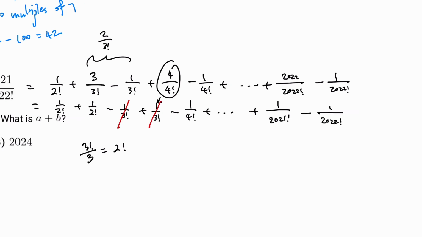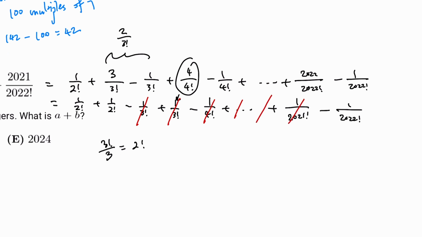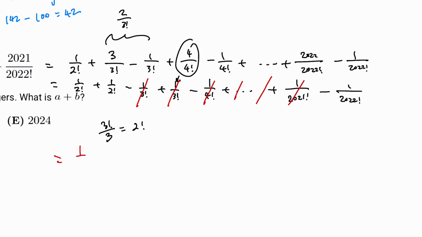This cancels out with that, this cancels out with that, and this cancels out with the term before it. So now we just have 1 over 2 factorial, just 1 over 2, plus 1 over 2, minus 1 over 2022 factorial, or 1 minus 1 over 2022 factorial.